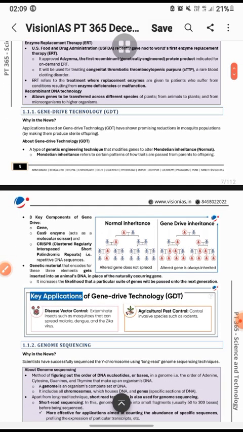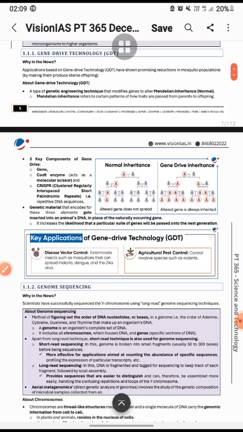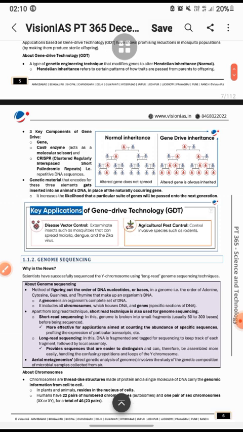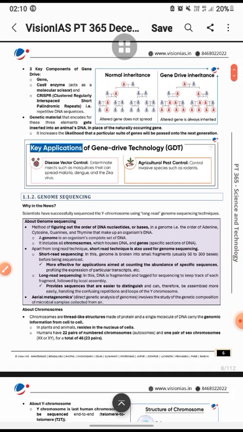Gene drive technology is a type of genetic engineering technique that works against Mendelian inheritance. The Cas9 enzyme is the molecular scissors of CRISPR, clustered regularly interspaced short palindromic repeats. Genetic material gets inserted into the animal's naturally occurring gene, which increases the likelihood of that particular trait being inherited.